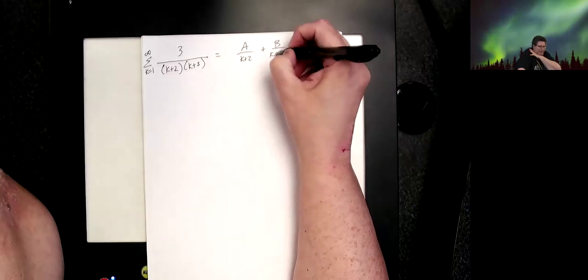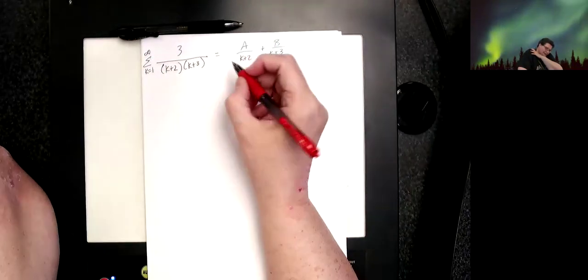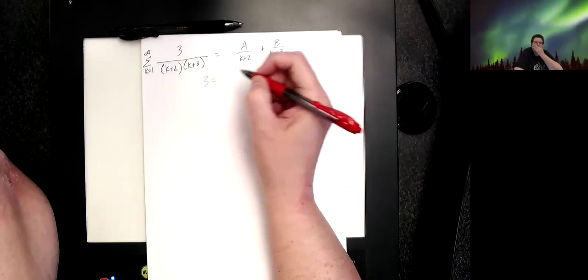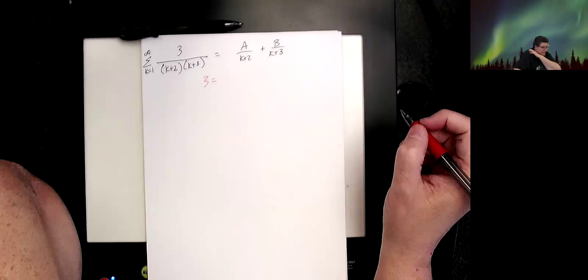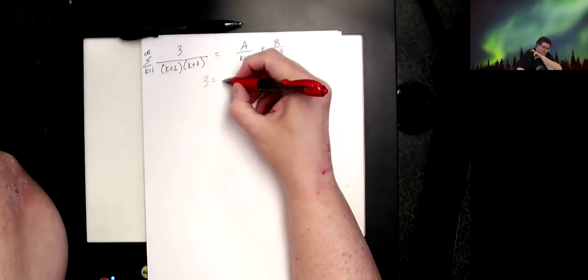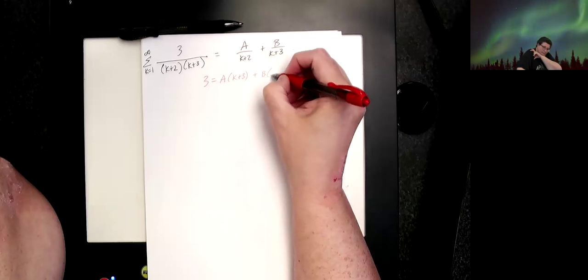This actually isn't too bad. If we clear fractions, what do we get? A times the k plus 3 plus b plus c.